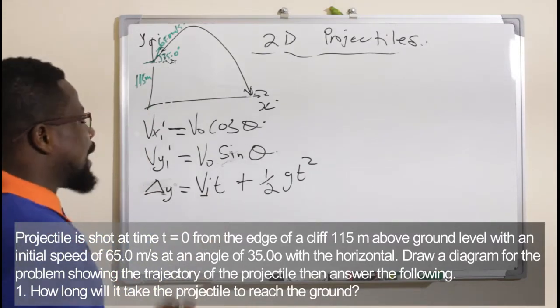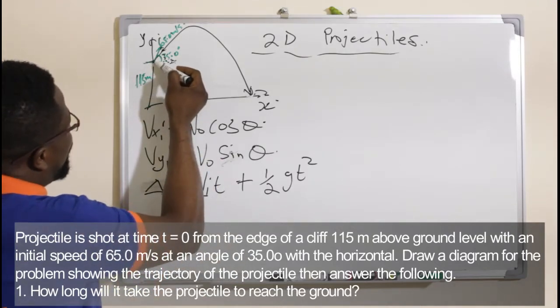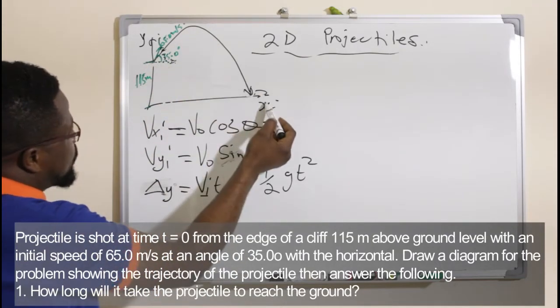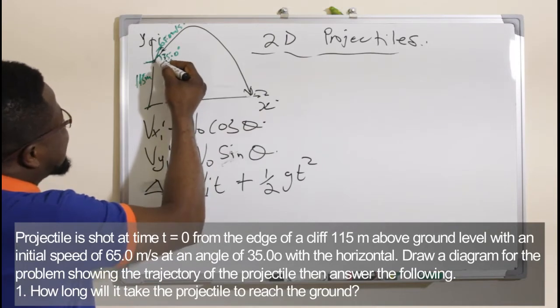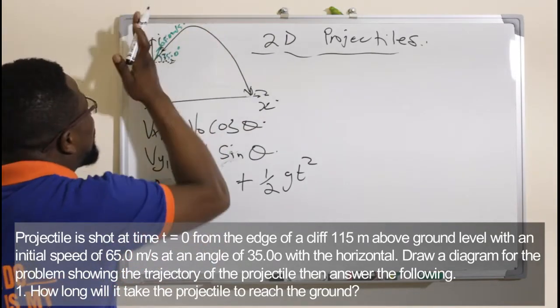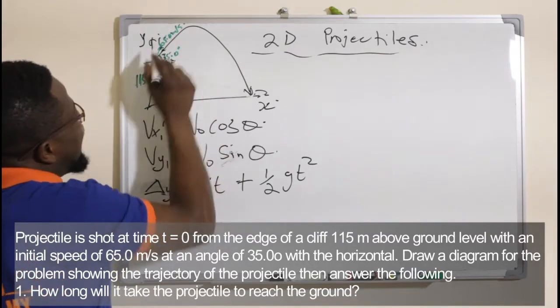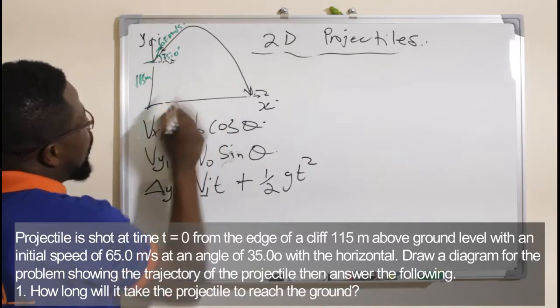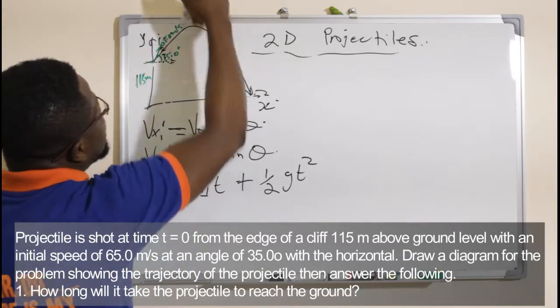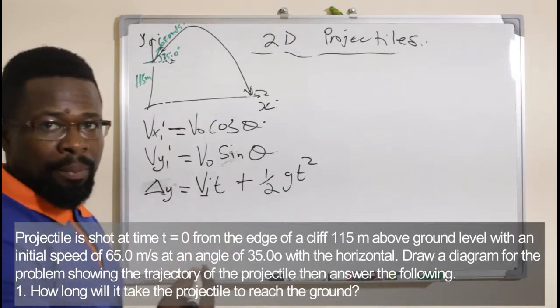What is this v_i? The initial velocity. Remember, the projectile went up and then returned back into the ground. So the velocity that is keeping the projectile upward is the y component, not the x component. The x component will only enable the projectile to move horizontally, but in this case we're looking at the vertical motion. So we have to consider the y component.